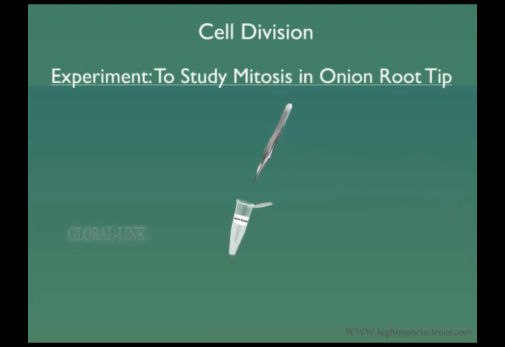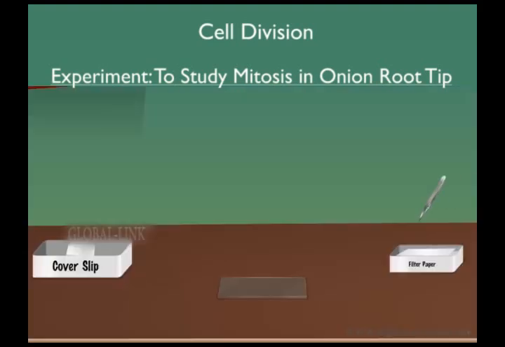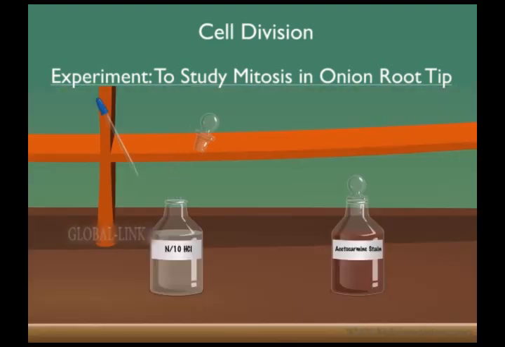Using a forceps, take 1 root and place it on a clean glass slide. Add a few drops of hydrochloric acid on the root tip, followed by 2 to 3 drops of acetocarmine stain.